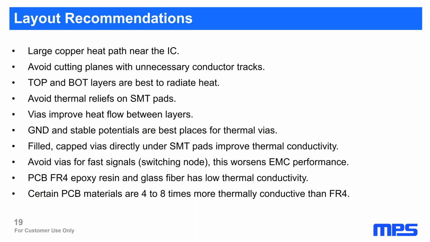Avoid vias for fast signals, the switching node. This worsens EMC performance. A PCB made from FR4, the epoxy resin and glass fiber, has a low thermal conductivity. So the PCB has only a big surface, but it's conducting very badly.